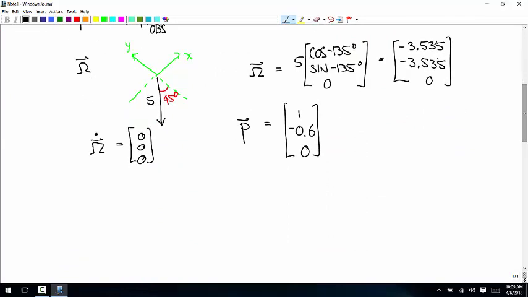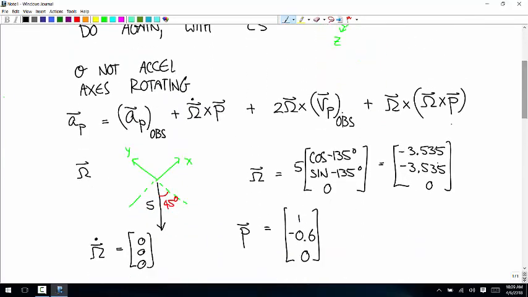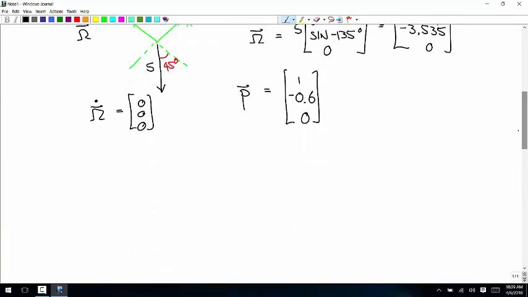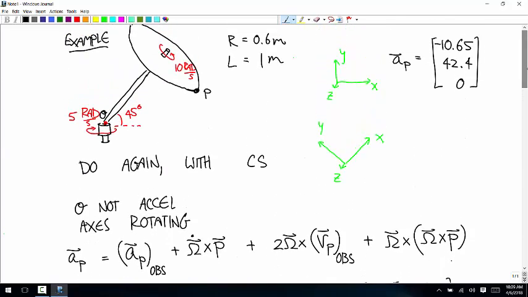And now the two harder ones that we have to calculate are the observed velocity and the observed acceleration. So first, the observed velocity. That's going to be equal to lowercase omega crossed with the r vector. So now we're imagining this arm being fixed, and we're just calculating the velocity due to the circular motion of that disk.